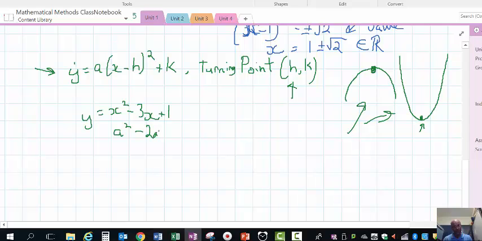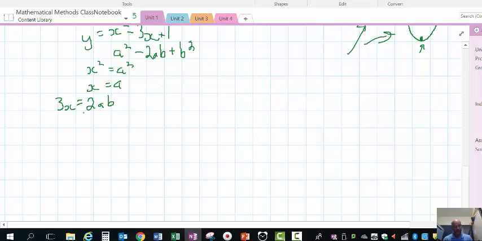So let's complete the square. We've got a squared minus 2ab plus b squared is the form we want, and from that x squared equals a squared, or in other words x equals a. 2ab is the same as 3x, so sorry, I'll get the order right. 3x equals 2ab. So that would mean that, looking at the line above, x and a are the same thing.